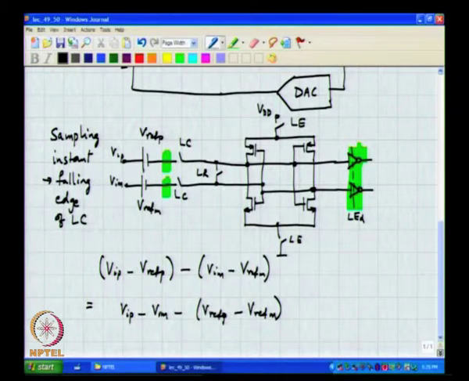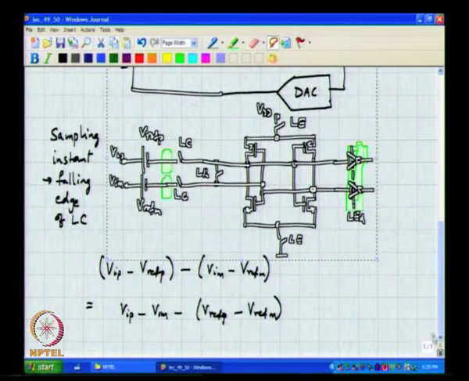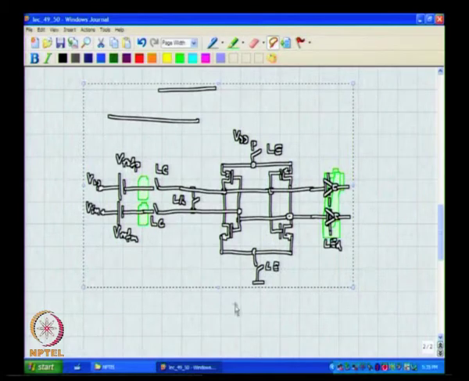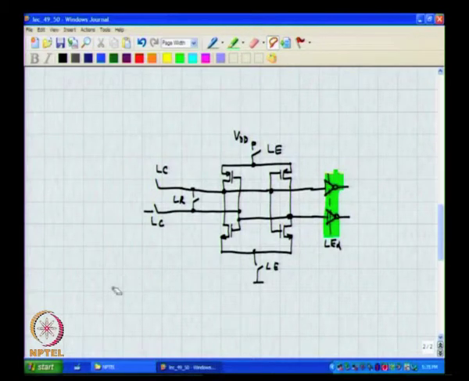Does it make sense? Okay, now can you suggest how one can subtract references from here? How can one implement these batteries? So, the usual trick of having a capacitor.